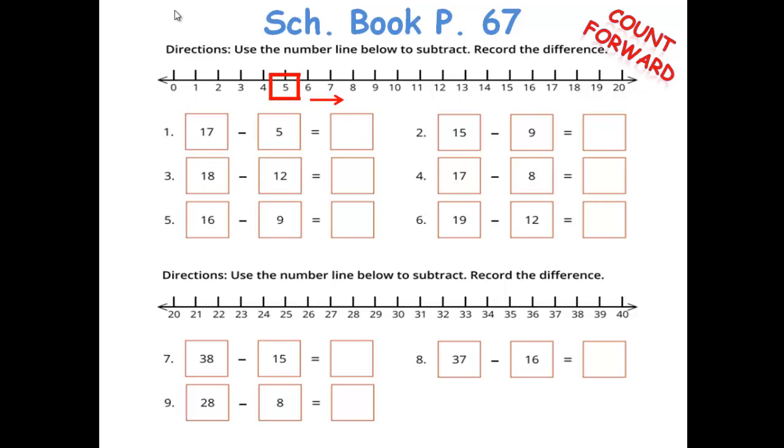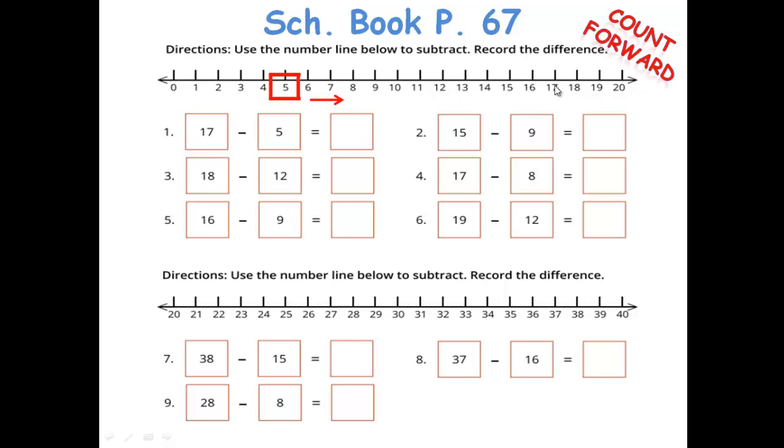So please put your finger on your book with me, on 5. Walk with my arrow. 1, 2, 3, 4, 5, 6, 7, 8, 9, 10, 11, 12.